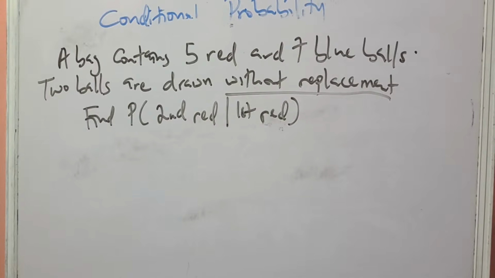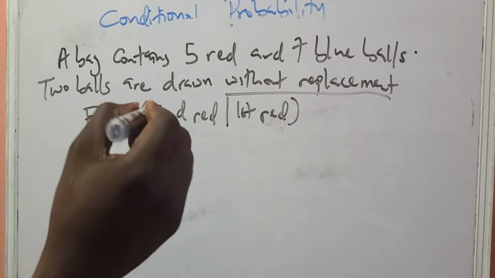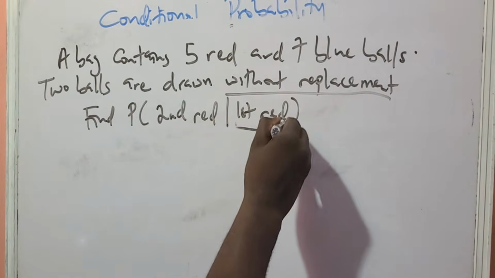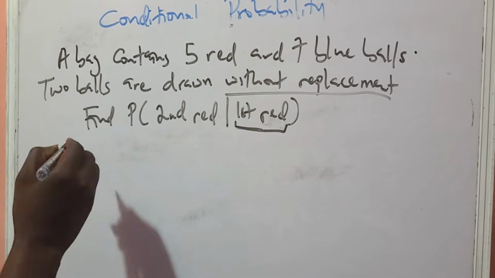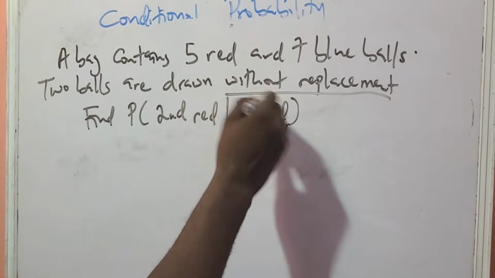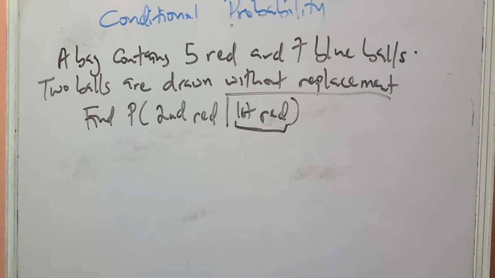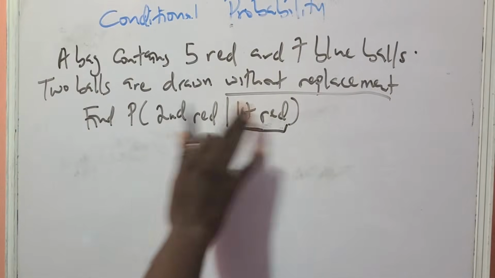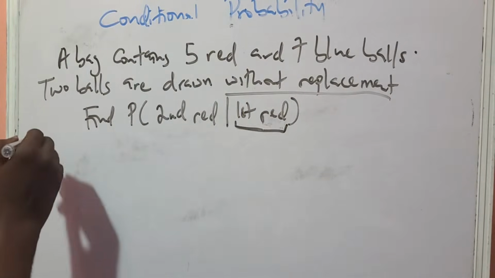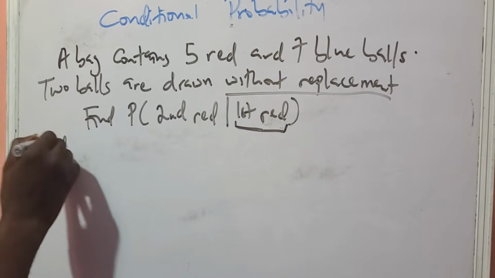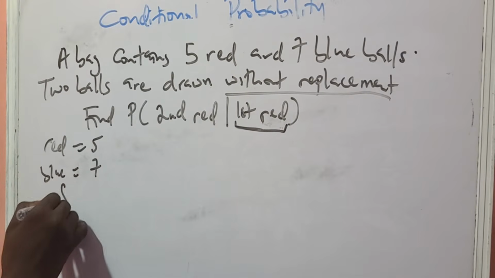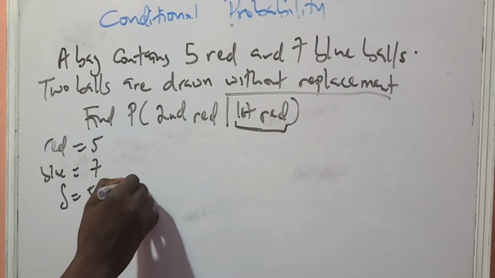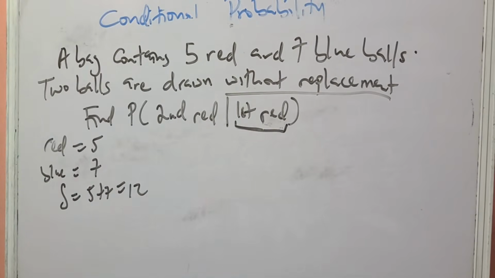Now, you don't have to be hard on yourself. Look at this: given that the first was red. Generally, without drawing any ball, you had 5 red and 7 blue, making your sample space 5 plus 7, 12 different balls.